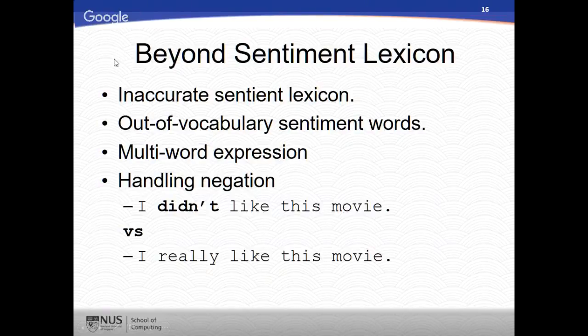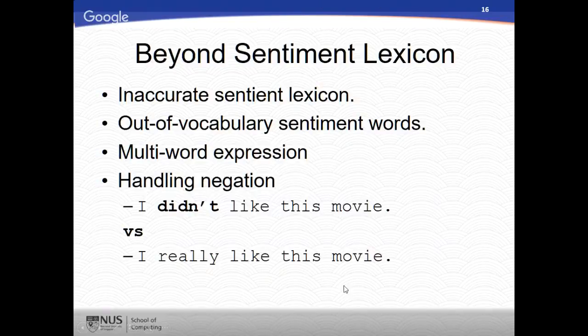How about multi-word expressions? Previously these lexicons just dealt with single words, but we know when multiple words come together, the meaning can be different, right? So how do we deal with this? And also, negation is a very significant phenomenon in sentiment analysis.